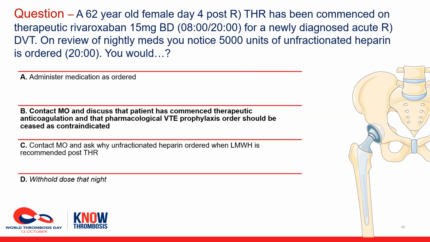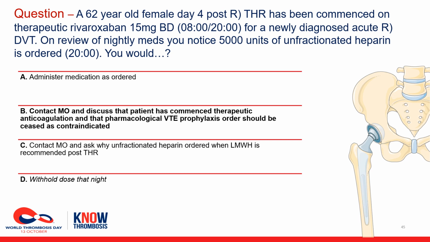B. You would contact the doctor and discuss that the patient now is on therapeutic rivaroxaban. They had a dose that morning, therefore a dose at the same time that unfractionated heparin is ordered, so you would not give both. They don't need both. They're on the therapeutic dose. They do not need the prophylactic dose.